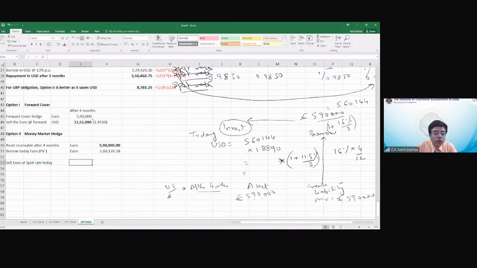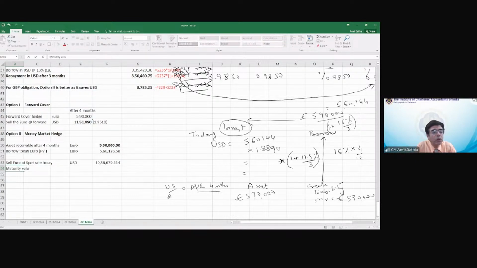Then I will get an amount in USD. How much USD will I get? 560,126 into 1.8890. So I'll get 10,58,079.114. Now this is the amount which I invest today. So what will be the maturity value?